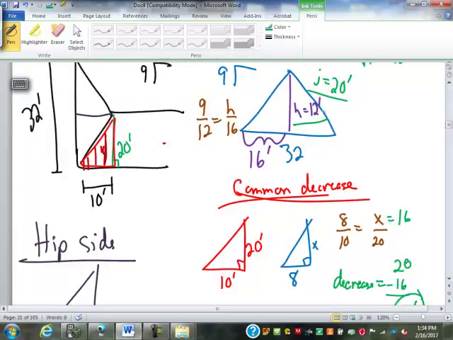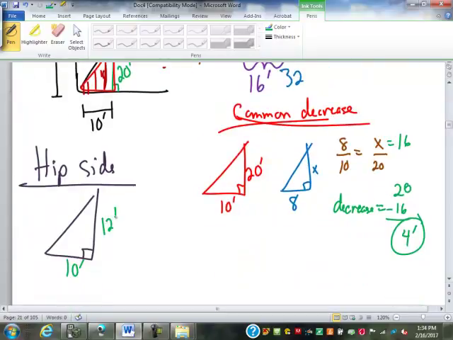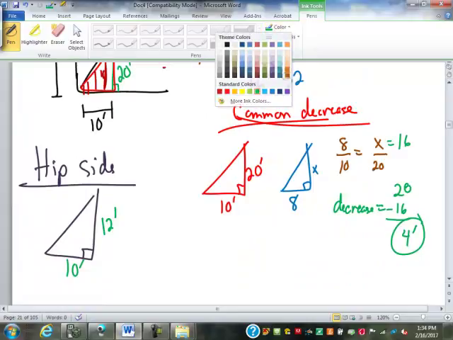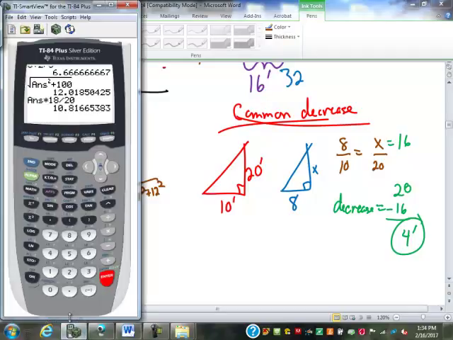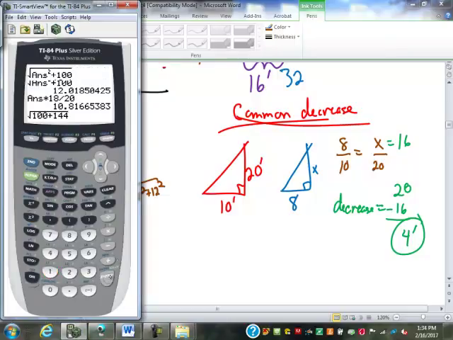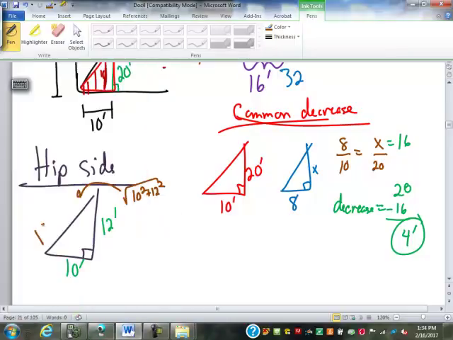The height was 12 feet. And this won't come out quite as pretty. That's going to be the square root of 10 squared plus 12 squared. Here's my longest jack there. So 15.620 feet.